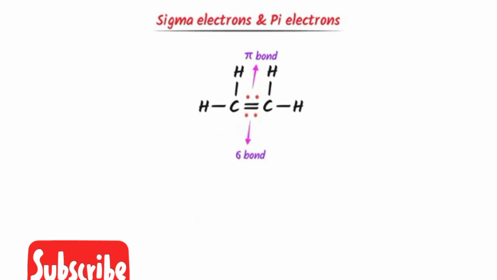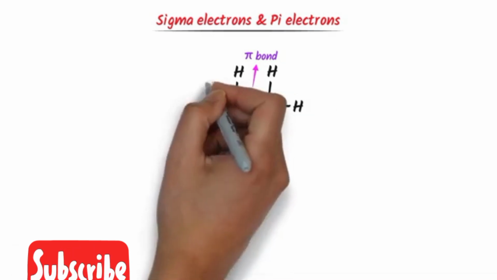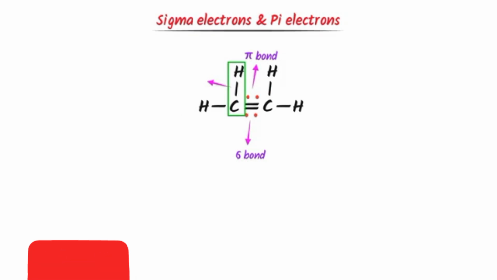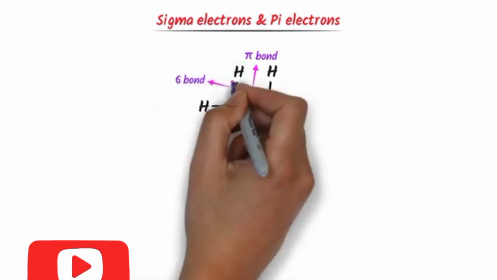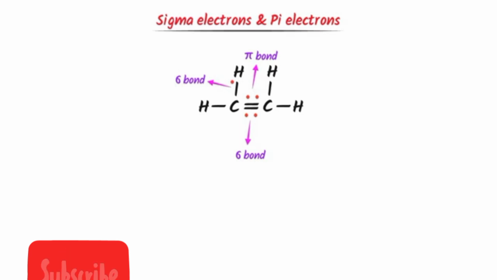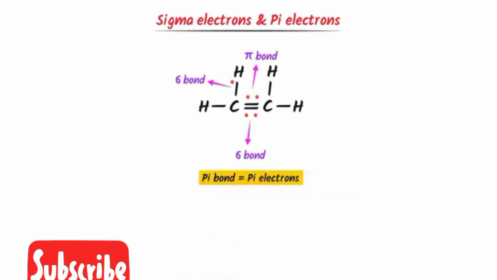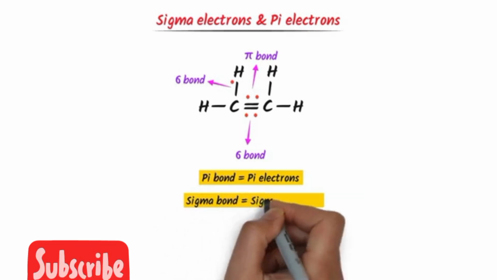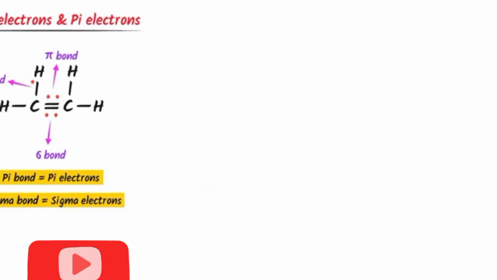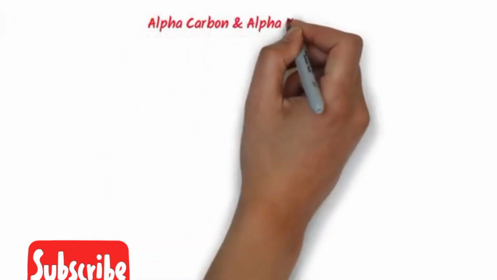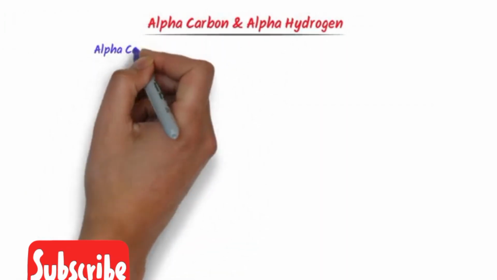In a pi bond there exist pi electrons, while in a sigma bond there are sigma electrons present. Now the single bond between carbon and hydrogen is also known as a sigma bond, which contains sigma electrons. Thus remember that a pi bond contains pi electrons and a sigma bond contains sigma electrons.